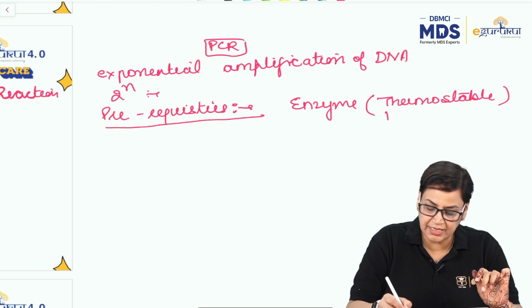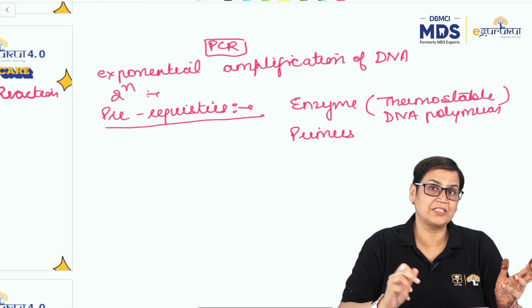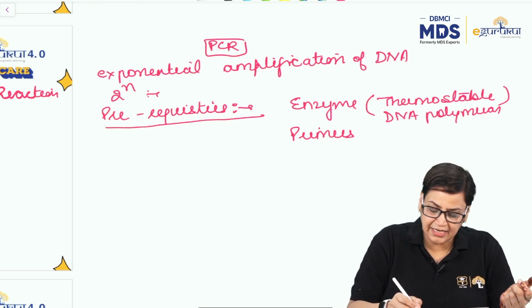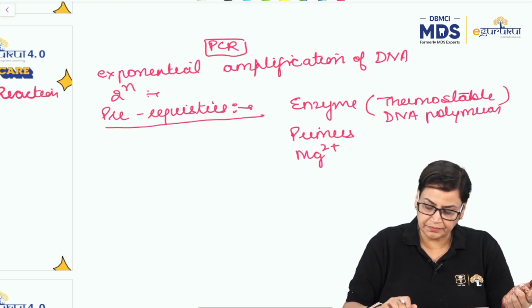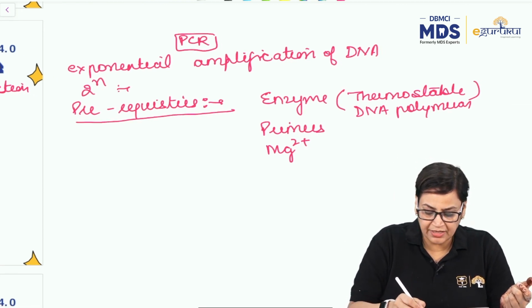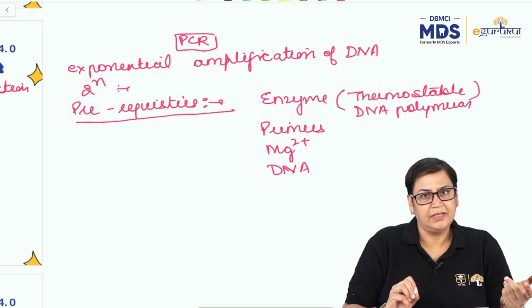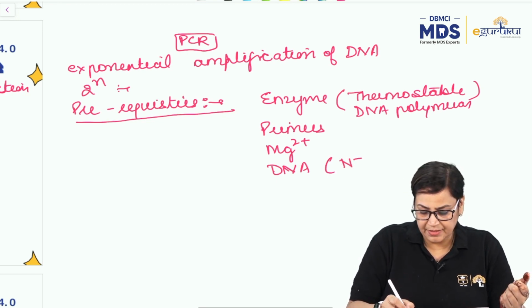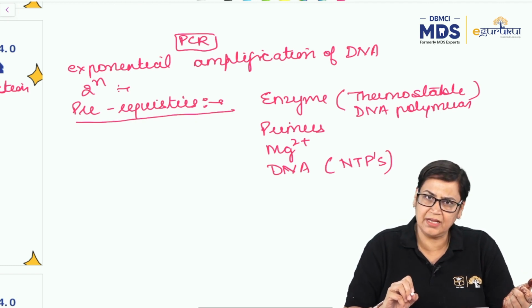The enzyme used is DNA polymerase. It requires primers because it is the hybridization, and it requires magnesium ions, right? And obviously it requires DNA, or you can say dNTPs. I'll just write as NTPs. These are the prerequisites to run any PCR.